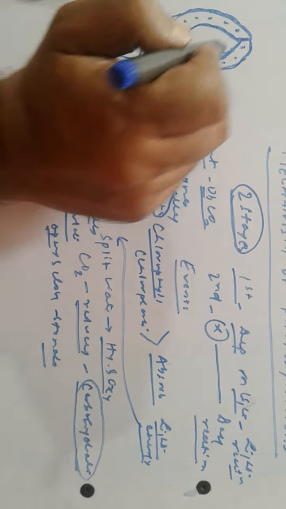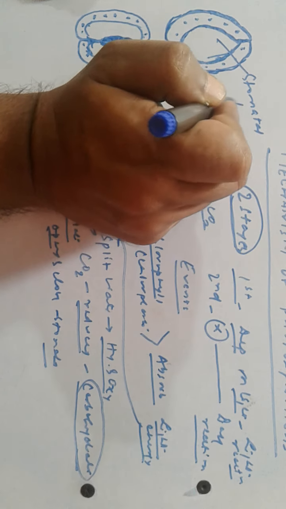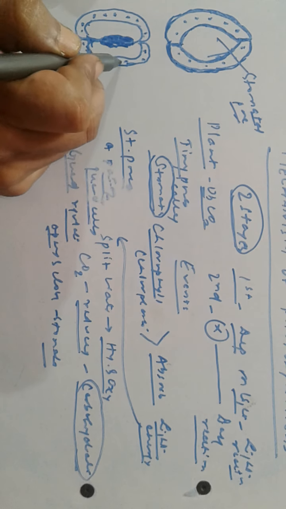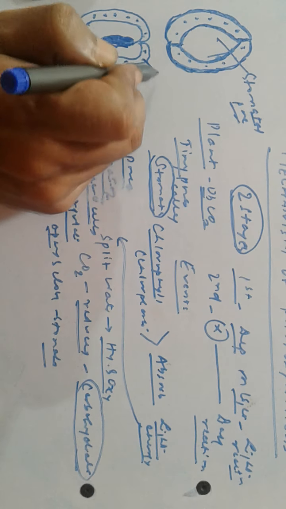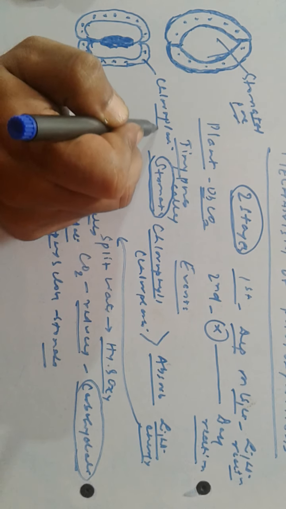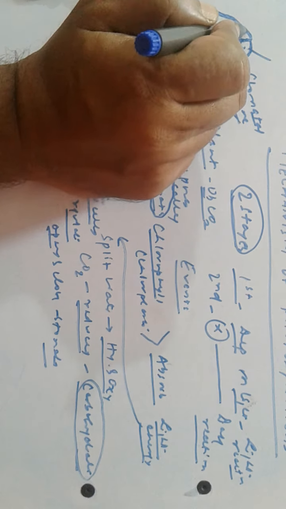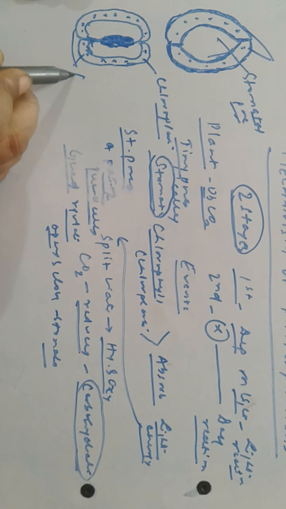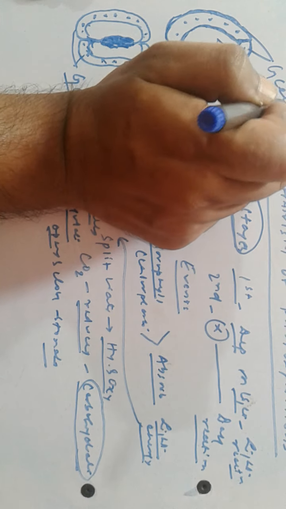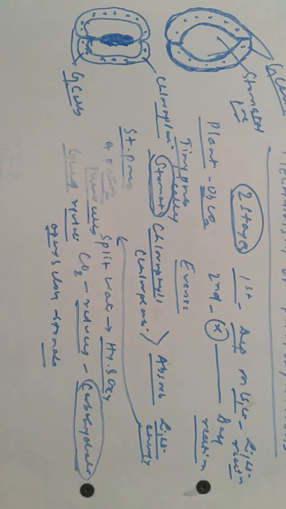This is the stomatal pore, which is open, and these are the chloroplasts. And these are the guard cells.